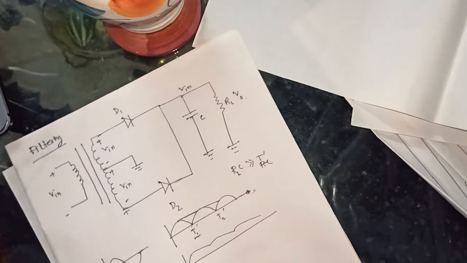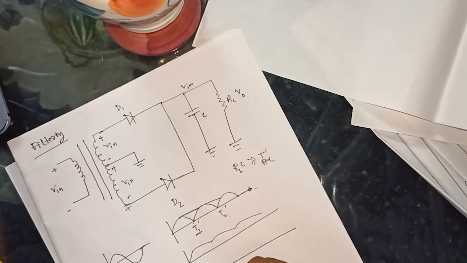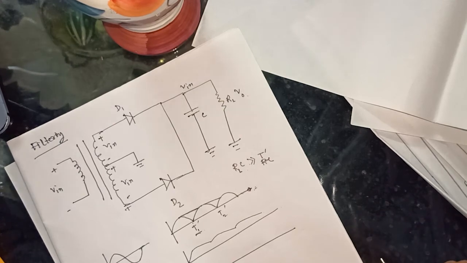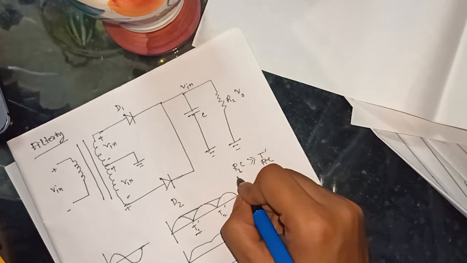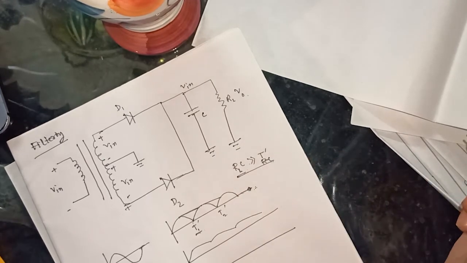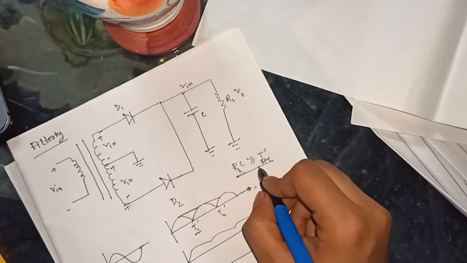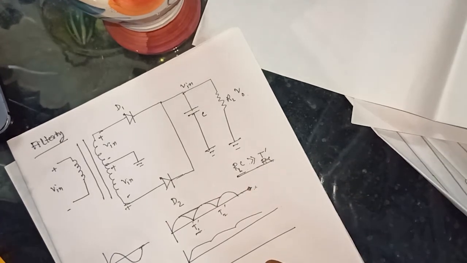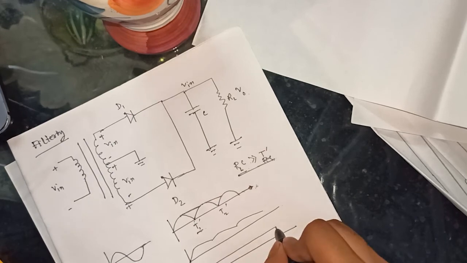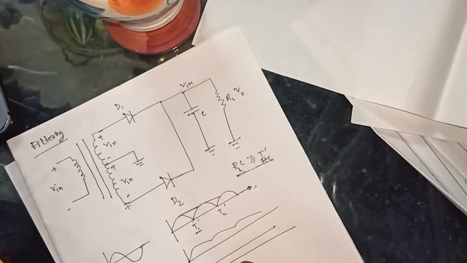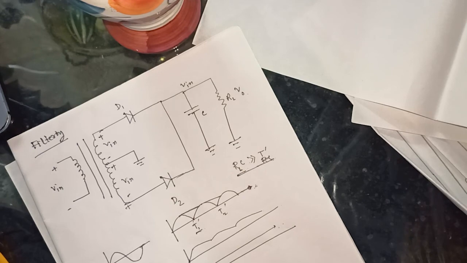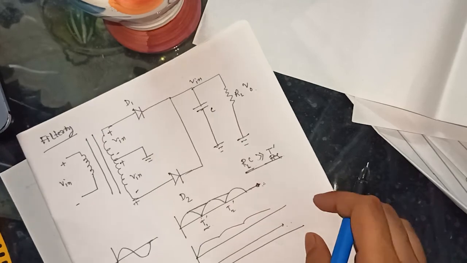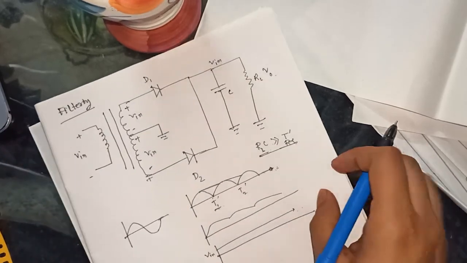So for designing the proper filter, we have to apply this equation, that is, the RC time constant is greater than the time period. So we get an output like this. So this is about the full wave rectifier, and I hope you understand its importance, and thank you.